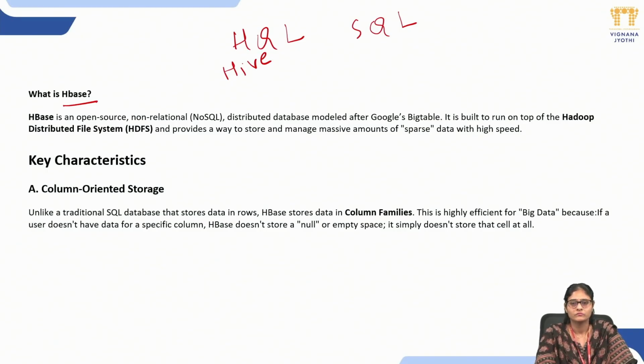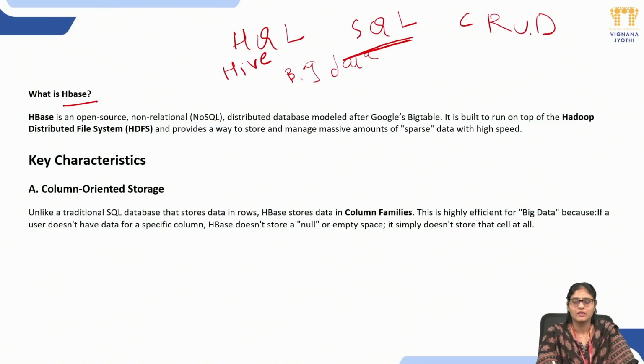Just as we perform structured queries on DBMS for all databases, Hive query language is designed only to store and retrieve big data. There is not much difference between HQL and SQL. Both perform the main CRUD operations: create, read, update, delete.